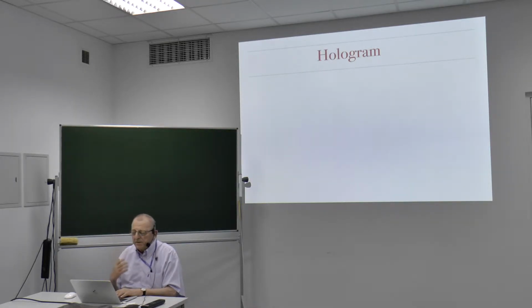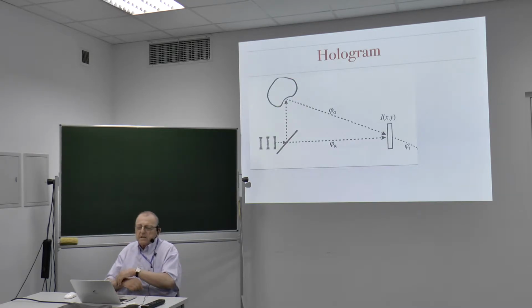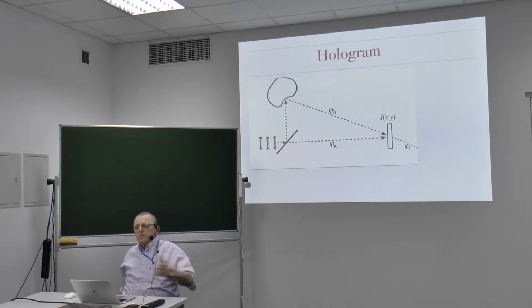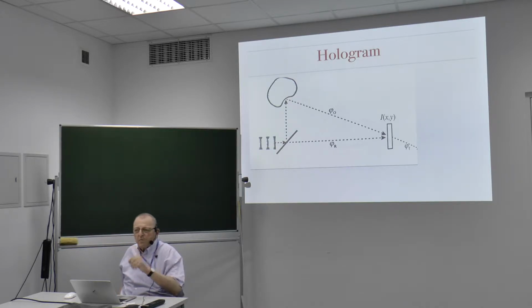The first thing which I would like to discuss is the hologram, and the hologram is that picture. We have a coherent radiation which comes, and it is being split. There is a device called the beam splitter. So part of the beam goes through, and the part of the beam which has the same properties, the same electromagnetic radiation with the same wavelength, goes in the other direction and hits the object, which is the blob on my picture.